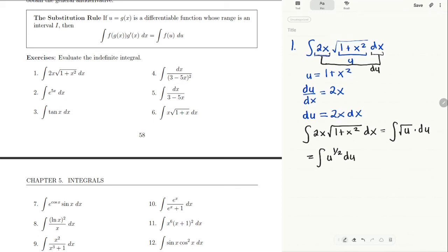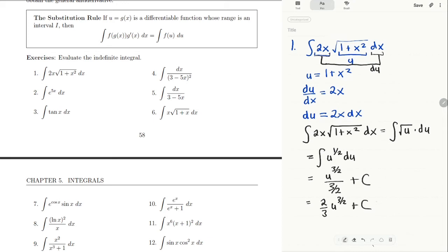Now we're treating u as our variable, and we can find its antiderivative. The antiderivative of u to the 1/2 is u to the 3/2 divided by 3/2 plus a constant. So we can simplify our coefficients. This is 2/3 u to the 3/2 plus c.